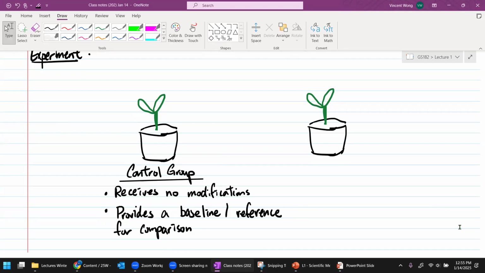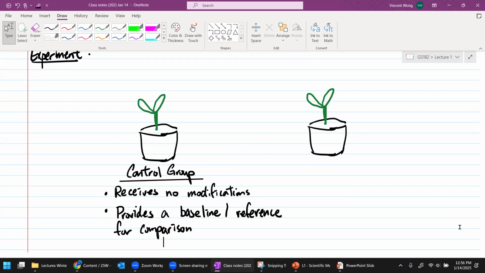I wouldn't be able to answer that unless I have a reference to compare with, right? That's what the control is. The control is to provide a baseline for you to compare your results with. Without the control, your measurements and observations are difficult, if not impossible, to interpret.